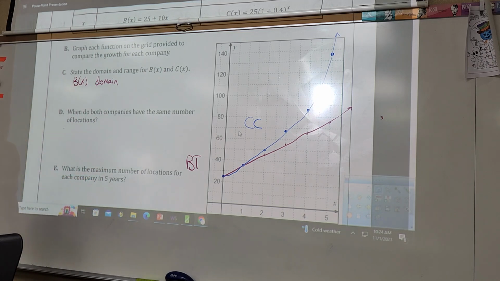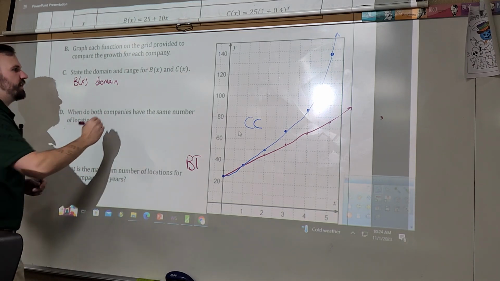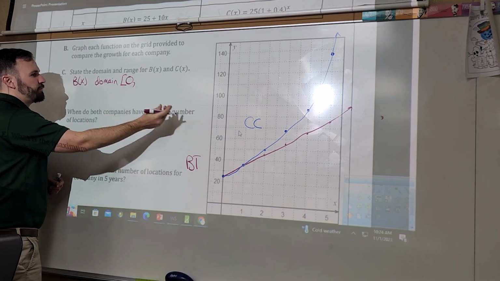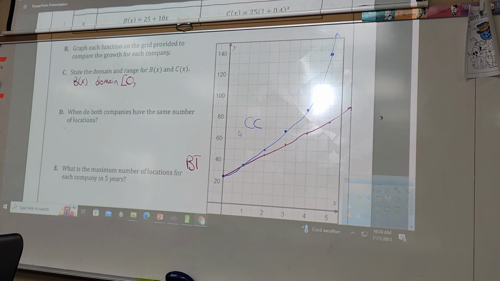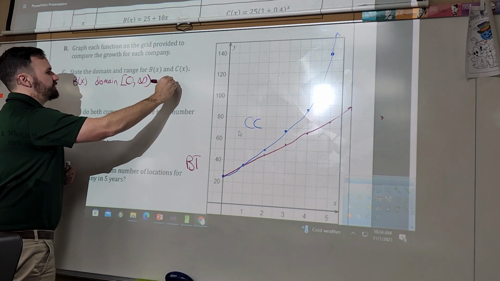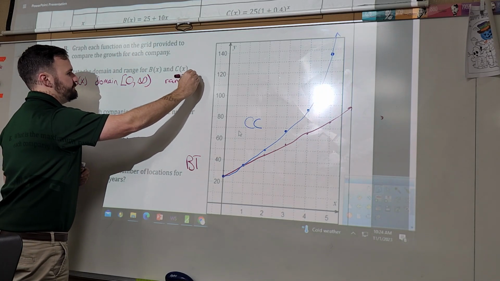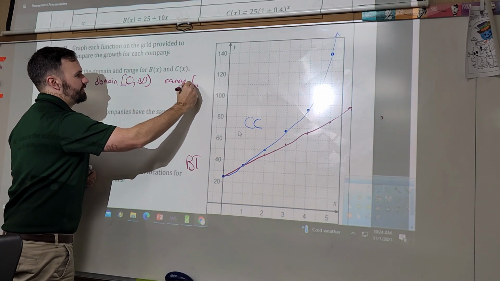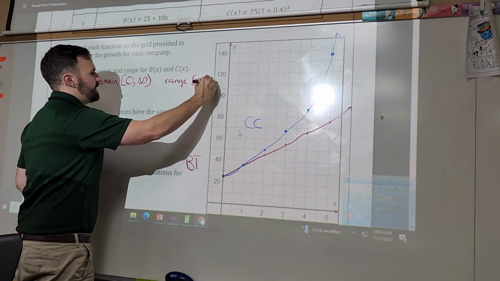Well, domain, so we're looking at X. We start at 0, right? Because it's a story problem, we don't come over to the left side. I'm going to bracket it because we have a point at 0, right? And then it goes from 0 to infinity. And its range is going to be what? 25 to infinity.